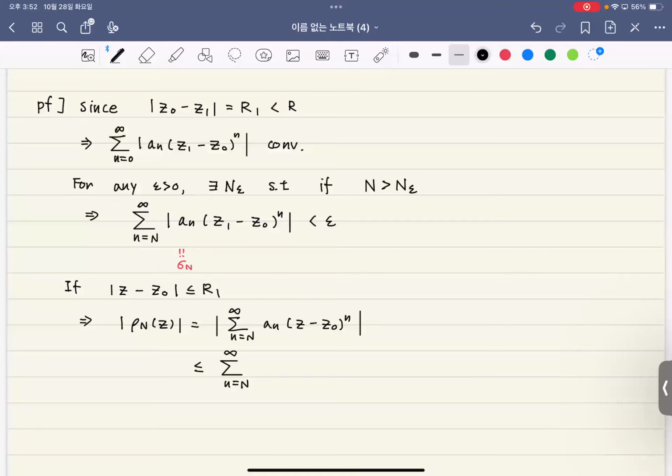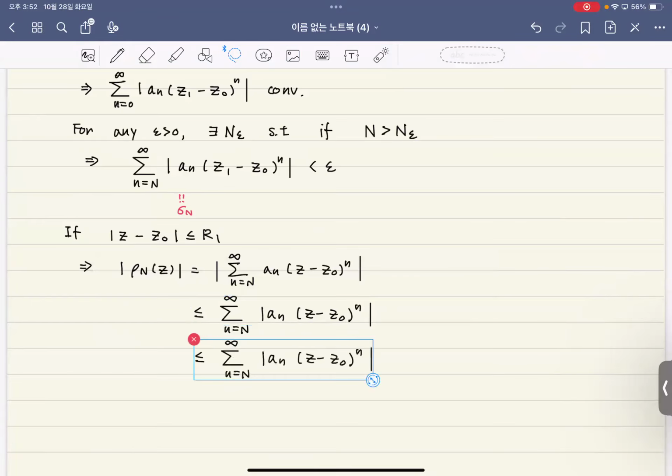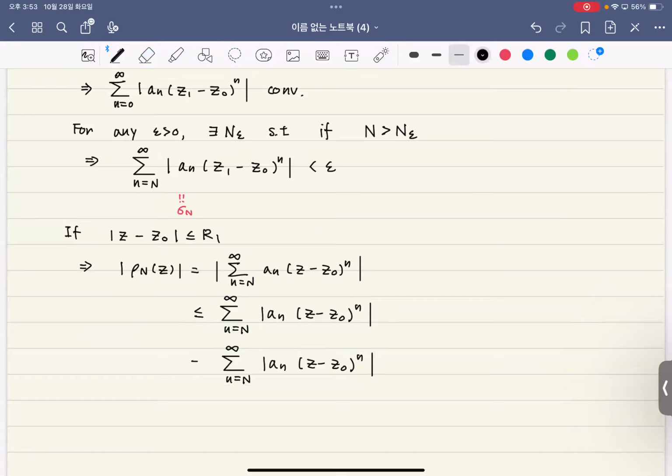Clearly this is bigger than the previous one, and I can break it down into these two.